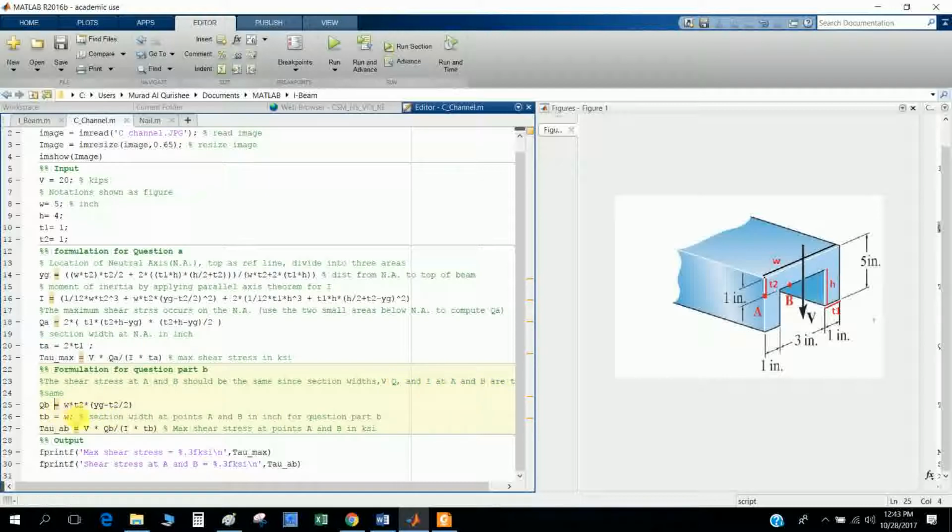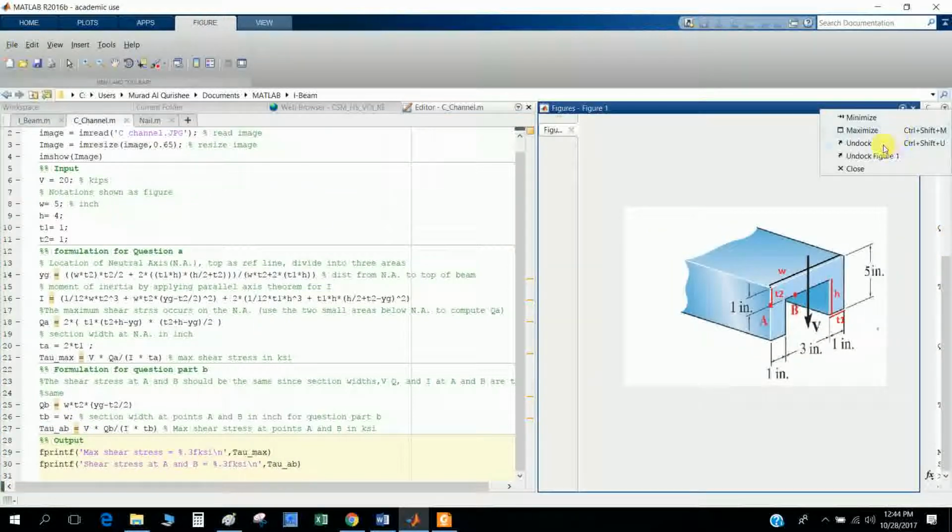So let's talk about QB. We multiply here w t2, this area, times yz minus t2 by 2, then it will give us this flange QB, and TB is the effective width, w, and tau B is again V into QB divided by I. So again here we define tau max and the maximum shear stress at B. Let's run it.